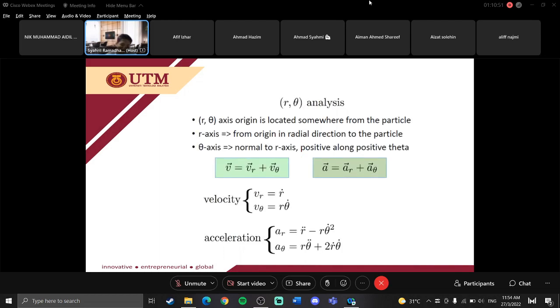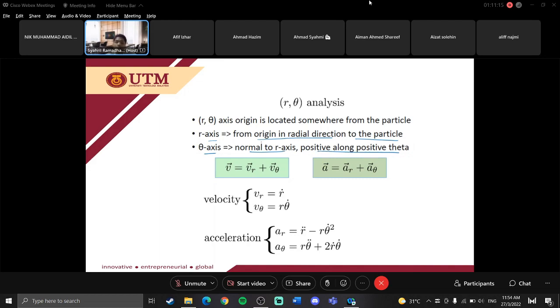Alright, so these are the equations that you need to remember for R theta analysis. The origin is located somewhere away from the particle. The R axis goes from the origin in the radial direction to the particle, and then theta is normal to the R axis, positive along positive theta.